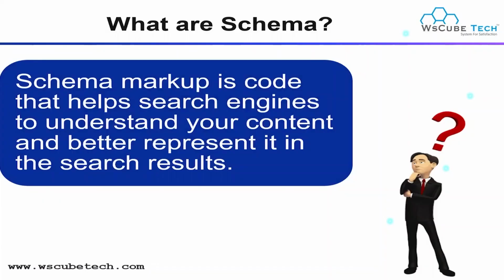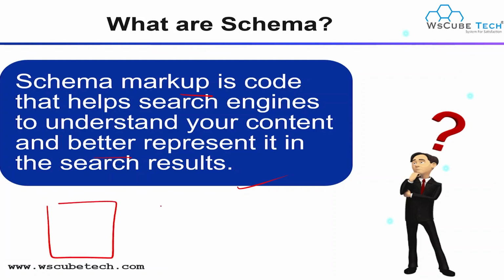So let's start with the basic definition of Schema Markup. What exactly is Schema Markup? Schema Markup is a code that helps search engines understand your content and represent it better in the search engine. With the help of this particular code, we help our search engine understand our website in a better way. Let's suppose we have two different websites and both websites are of the same type.